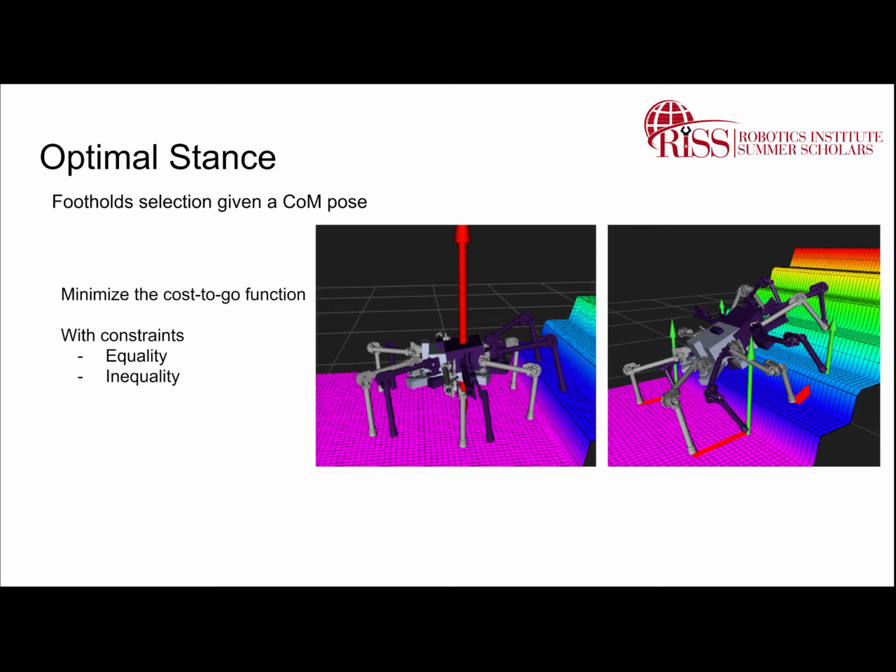So we can think of the problem as minimizing a cost-to-go function with constraints. For the constraints, we have two types, equality and inequality. Equality constraints are like the dynamics model we need to satisfy, and inequality constraints are like the friction cone that the forces exerted on the feet need to fall into.